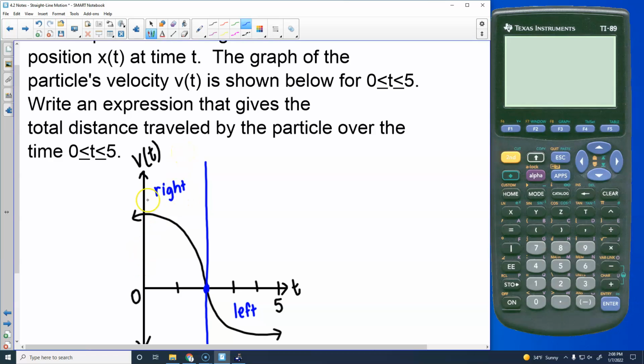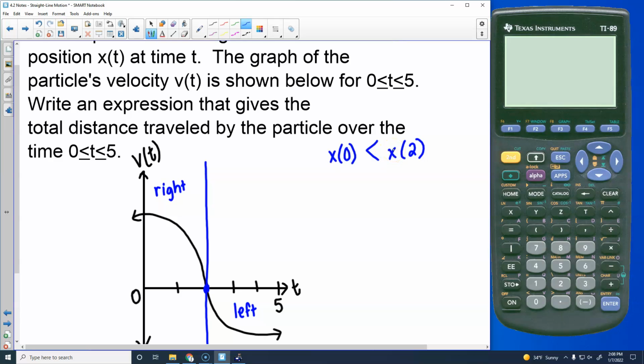So, from 0 to 2, I'm traveling to the right. So which one is going to have the greater value? X of 0 or X of 2? If I'm going to the right, X of 2 is going to have the greater value.